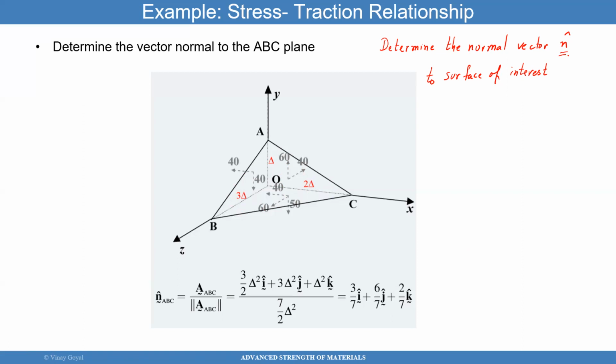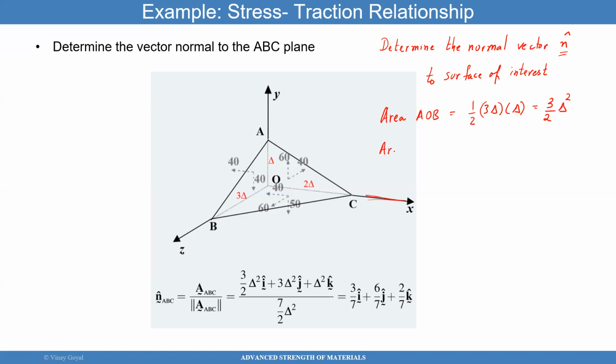To do that, you have to calculate the area, for example, the area of AOB, which is the one that's perpendicular to the x direction. That area is 1/2 times 3 delta times delta, so that's 3/2 delta squared.